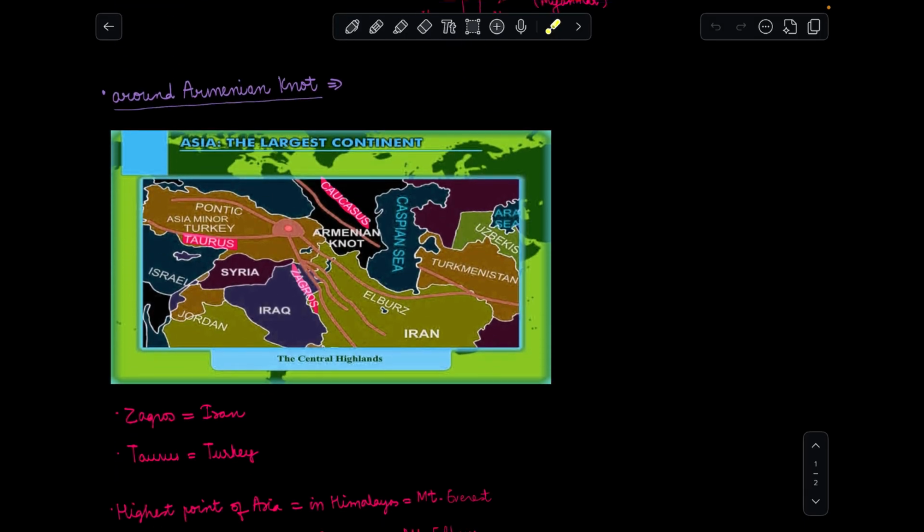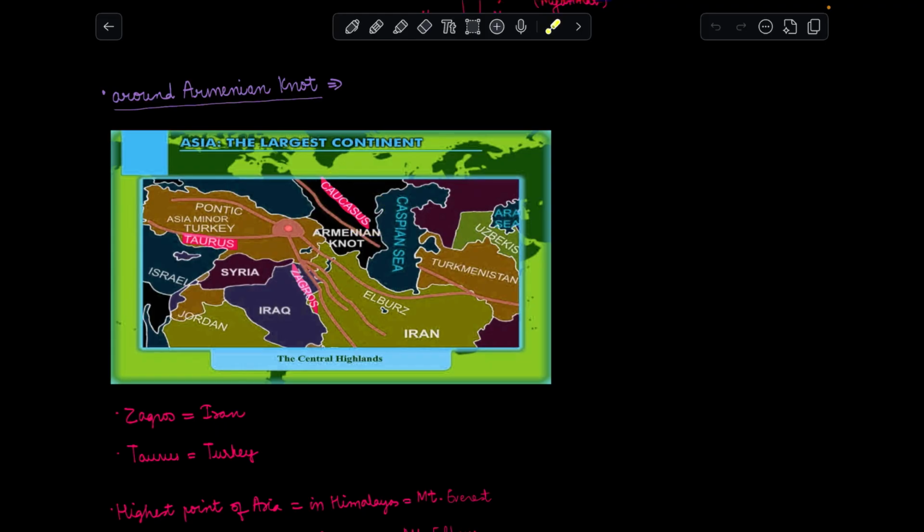So we have read about the Pamir Knot. Now is the Armenian Knot. In the Armenian Knot, there are many mountain ranges, but the most prominent is first the Taurus, which is in Turkey. Then the Zagros, which is in Iraq and Iran. And we have the Caucasus. It is not from the Armenian Knot, but it is near to it.